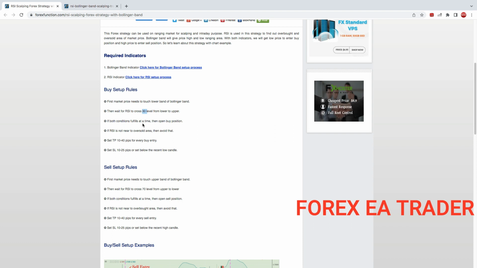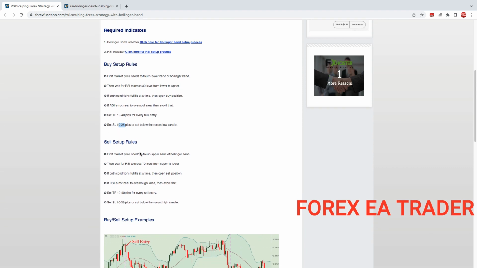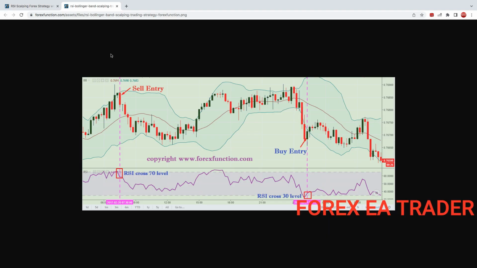If both conditions are fulfilled at a time, then open a buy position. If RSI is not near the oversold area, then avoid that. Then set TP at 10-40 pips for every buy entry, and set stop loss at 10 to 25 pips, or set it below the recent low candle. So we are just going to do the reverse for the sells, as you can see.